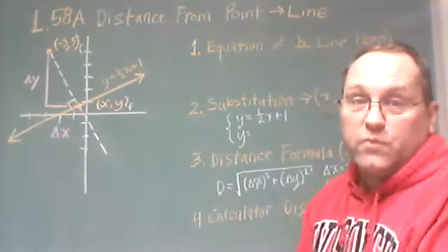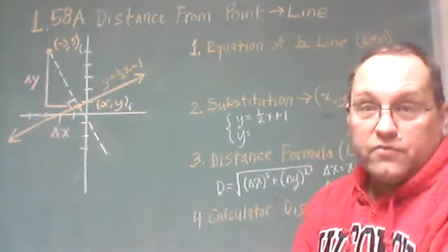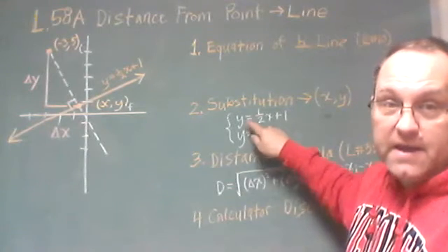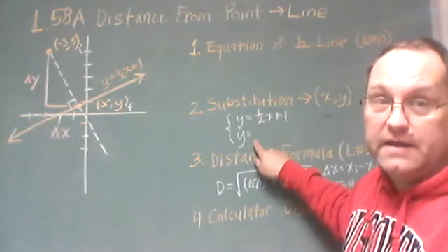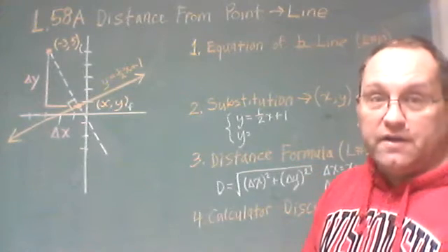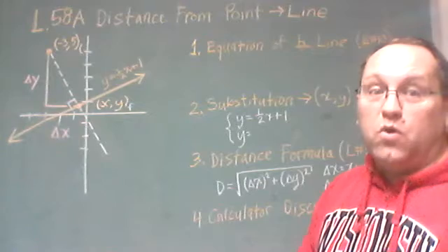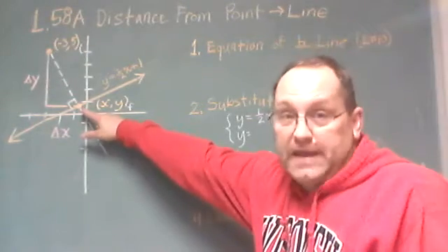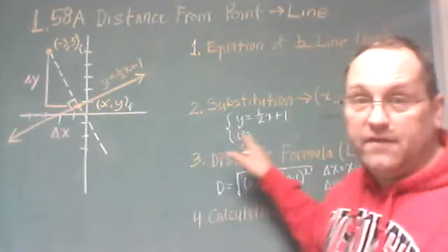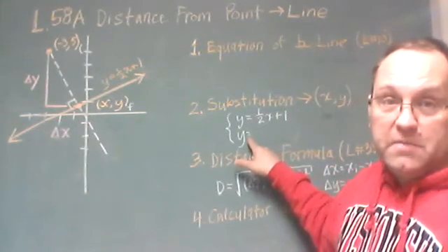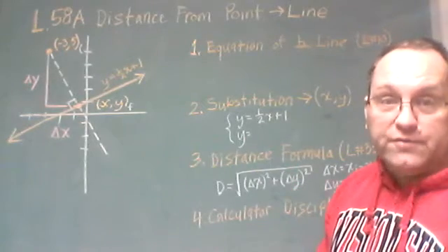I've indicated x, y because we don't know the exact value. But if we put the equation of the line and the equation of the perpendicular line into a set, the solution for x and y will hold true for both lines. And where will that be? It is where they intersect. That will give us the value of x and y using substitution, a tool we've used all the way back to Algebra 1.